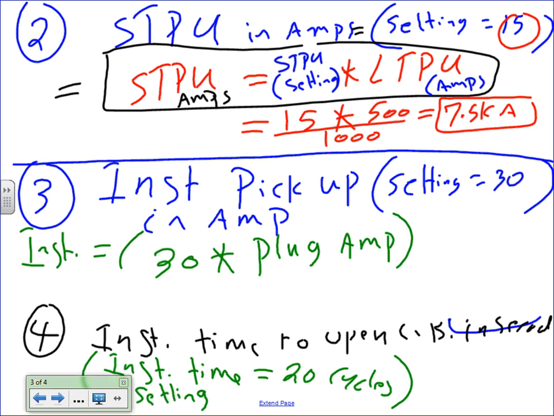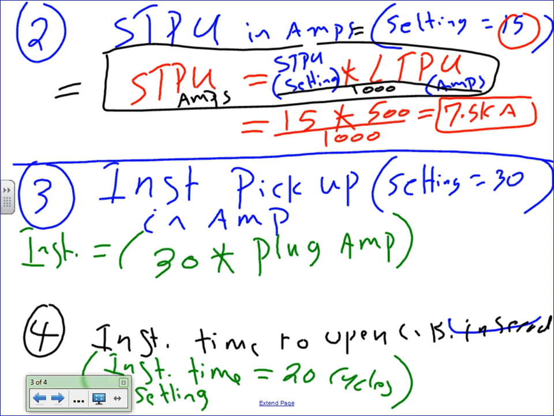Short time pickup, get used to them being in thousands, right? Should I put 1,000 here? So I'm going to add here 1,000. Can you guys put 1,000 right at the bottom of this? Okay, so 7.5. What this says is, if I have a ground fault or a low short circuit, low current short circuit up to this value, the one that's going to trip that circuit breaker is that segment.